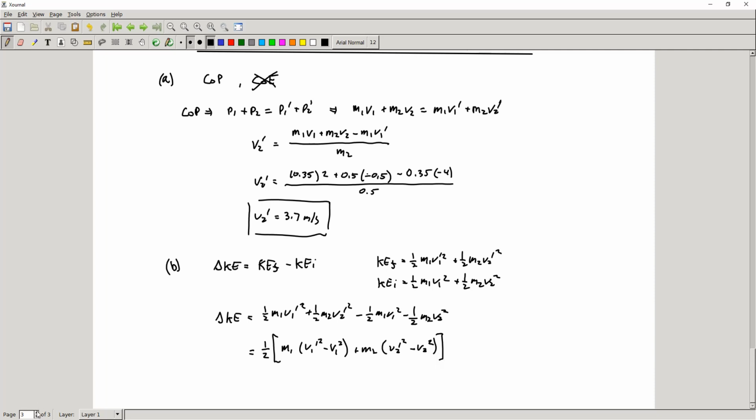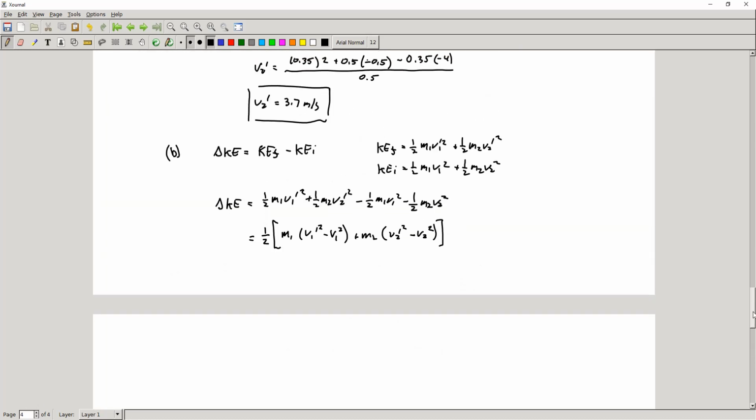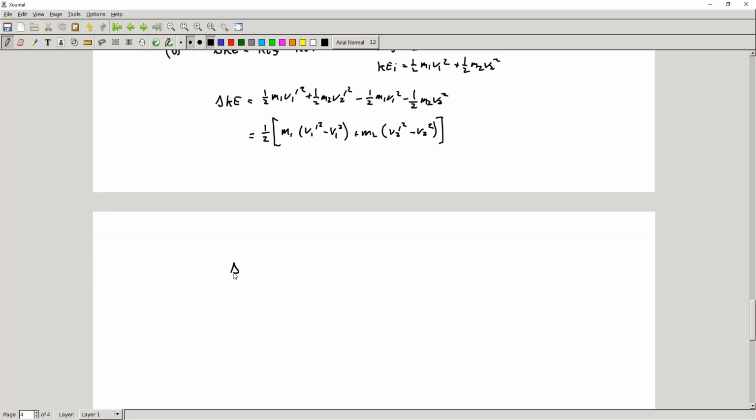So we can substitute in numbers, and if we do that, we're going to find that, well, I'll write it out here. So m1 is 0.35. We'll have minus 4 squared minus 2 squared, plus 0.5 times 3.7 squared minus 0.5 squared.